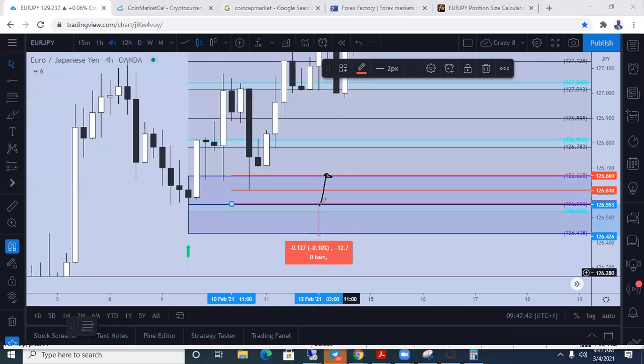By the time price takes 0.05, 50% of my 1% or of my 2% risk, by the time price moves to this level with the 0.05 already, I am 1% up in my account.